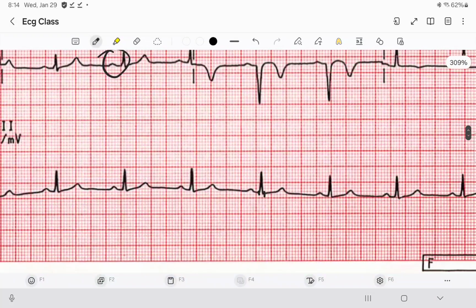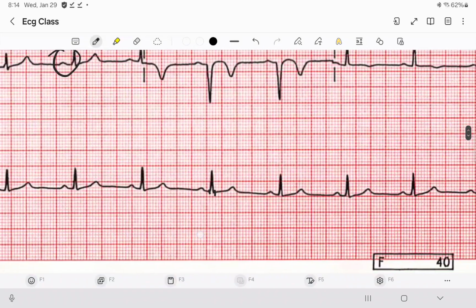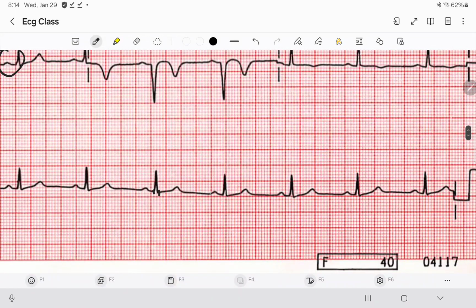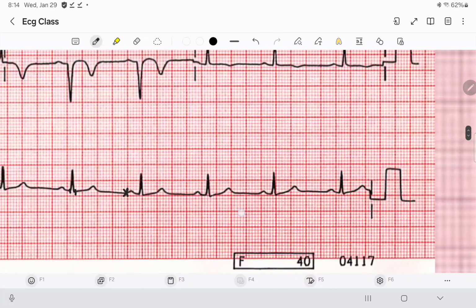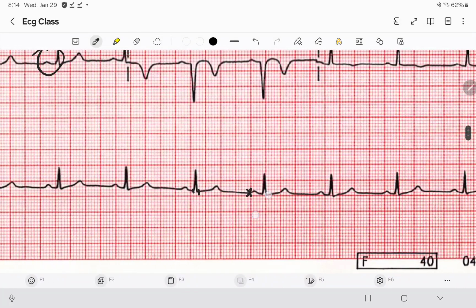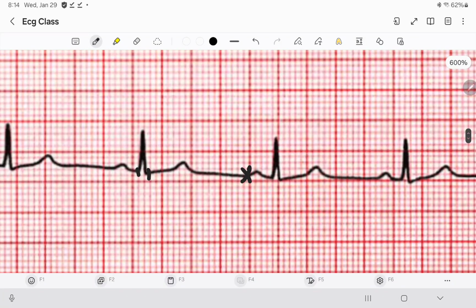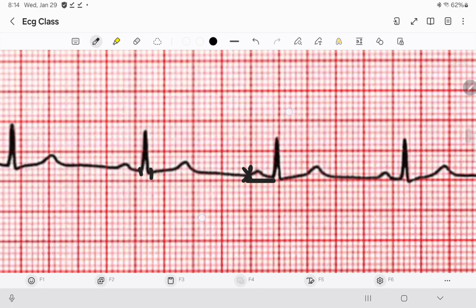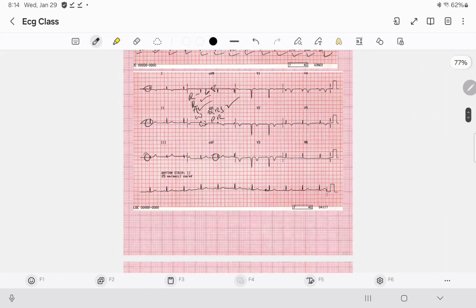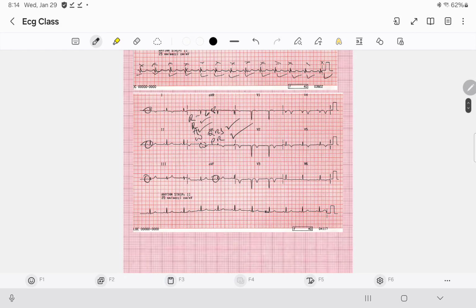If not, that doesn't really matter that much, right? So this is a fairly good one. That looks like it's the best one, right? So the PR is maybe about 4 or almost 5 small boxes. Okay, so that is satisfied. So again, this is a sinus rhythm ECG.